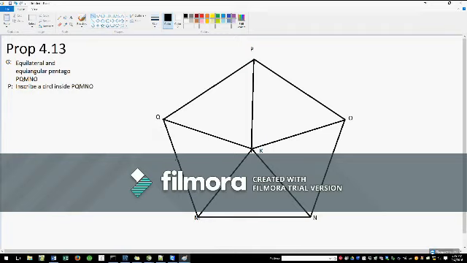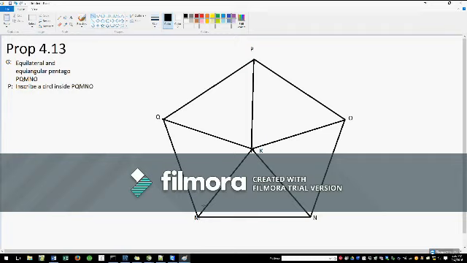So then, because QM is equal to MN, as given they're equilateral, and MK is common, therefore the two sides QM, MK are equal to the two sides MN, MK, and the angle QMK is equal to the angle KMN, for it was bisected.